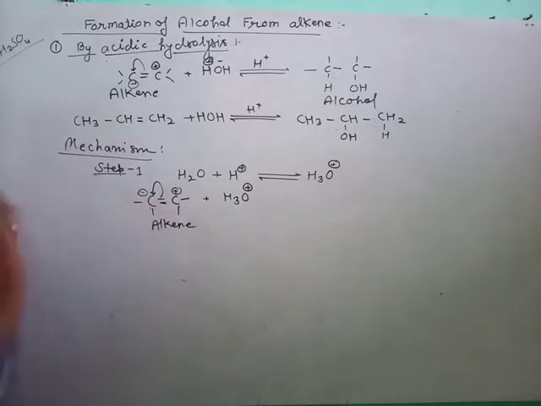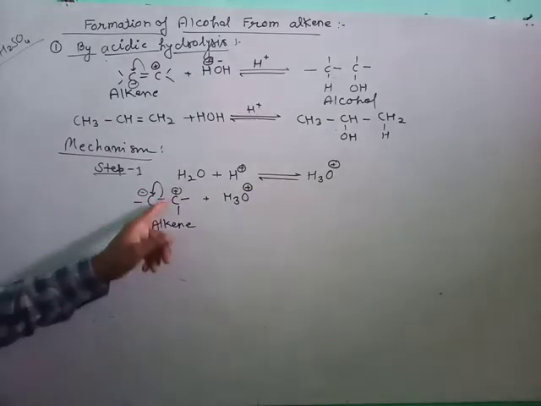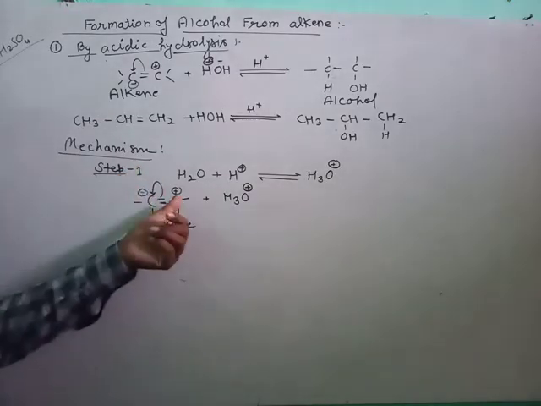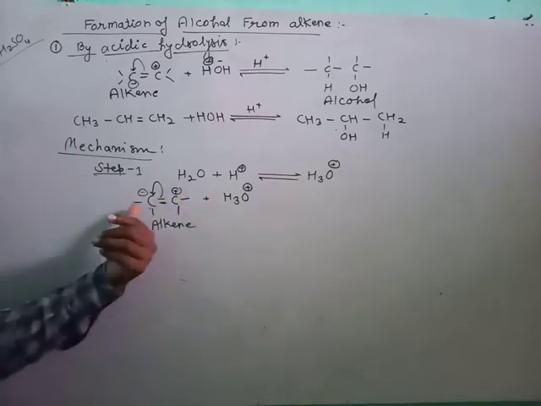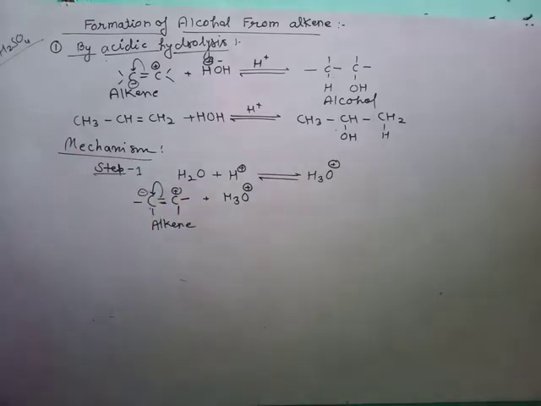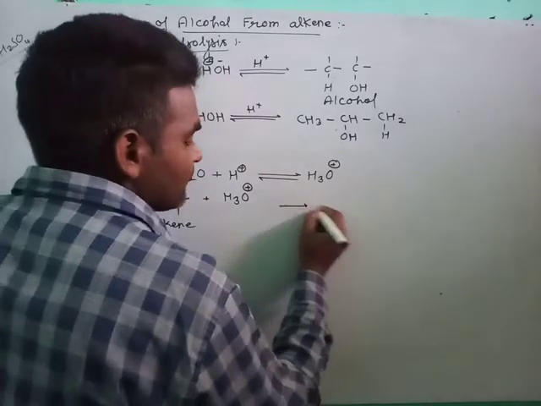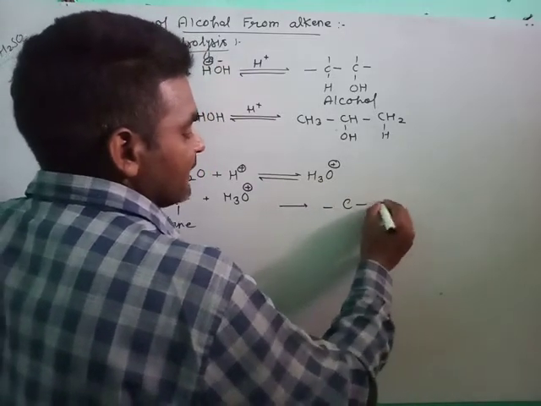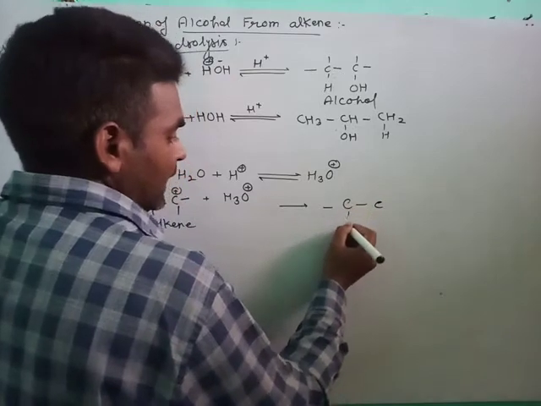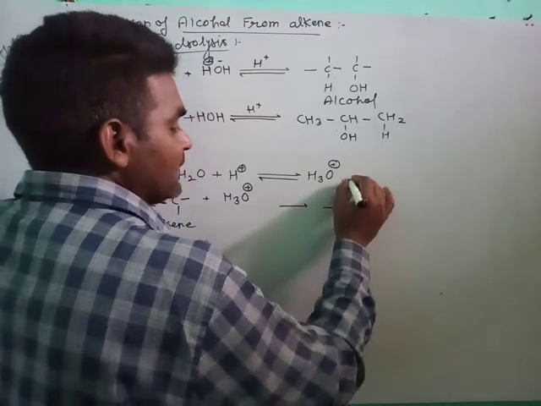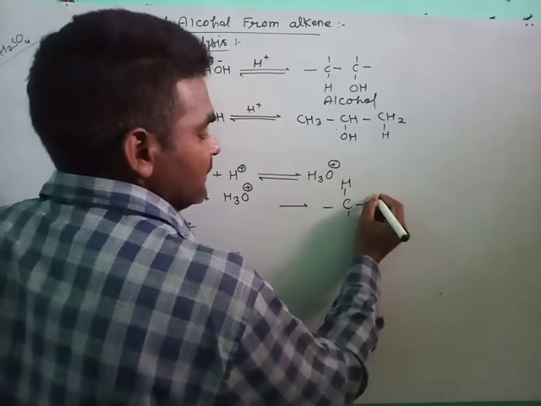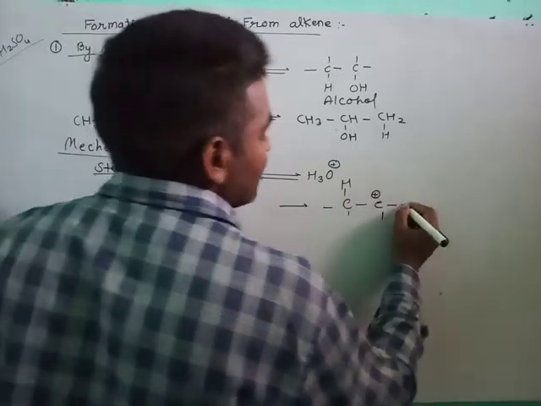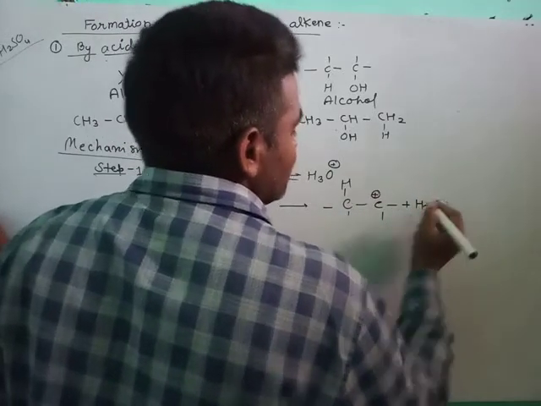This is the alkene, and the double bond is broken like the arrow, and this carbon becomes positive and this carbon becomes negative, and it gives C single bond C here, H, and this carbon becomes positive, and an H2O molecule is formed.